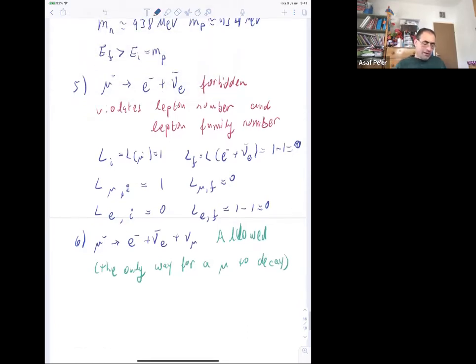Let's speak about scattering now. What about an electron and a positron annihilating into an up and anti-charm quark? Allowed or forbidden?